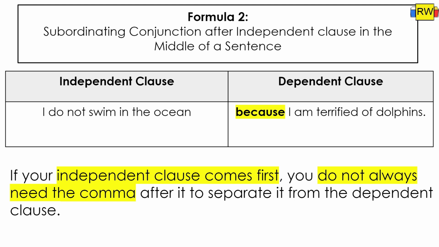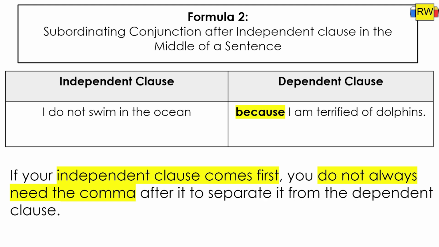But Mr. Goody Grammar, what makes this sentence structure different from Formula 1? I'm so happy you asked that. If you have your independent clause first, you do not need a comma to separate it from the dependent clause. The subordinating conjunction that starts the dependent clause will indicate that, yo, the dependent clause starts here. Look at me.